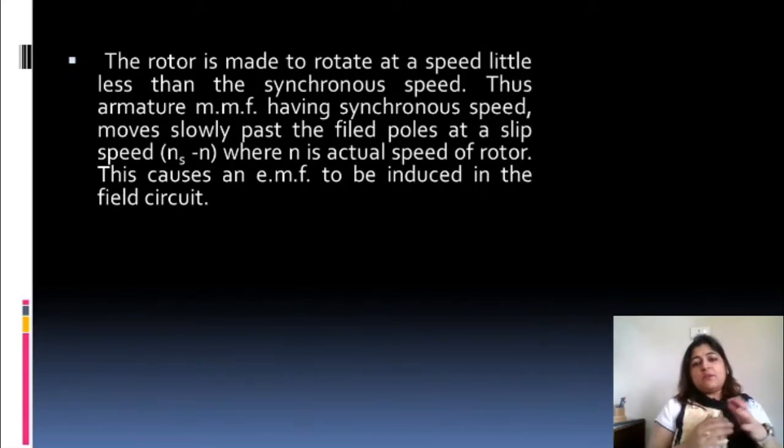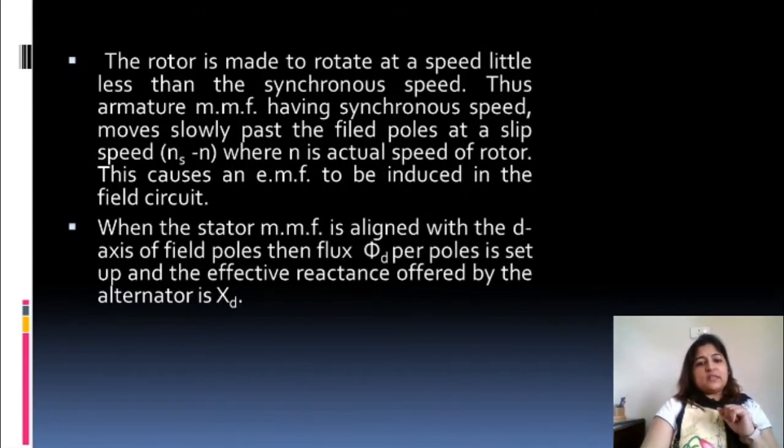The difference in speed is nothing but slip, given by Ns minus N, where Ns is the synchronous speed at which the rotating magnetic field rotates, and N is the actual speed of the rotor with which we are rotating the machine. And what will the difference in speed do? The difference in speed will induce EMF in the rotor field circuit.